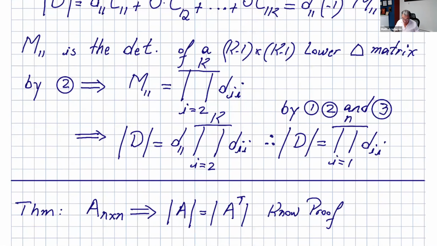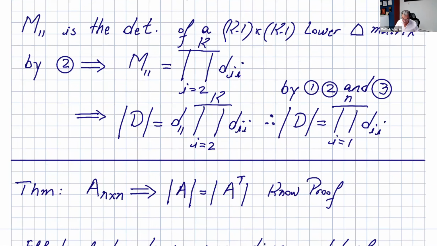The way I can write that, I can take D11 inside the product, and instead of starting from 2, we can start from 1. So then we can write the general formula. The determinant of D equals the product from i equals 1 to n, because it's an n by n matrix, of d_ii.